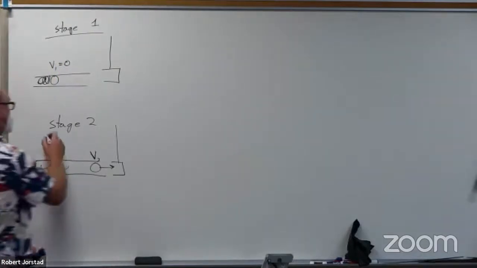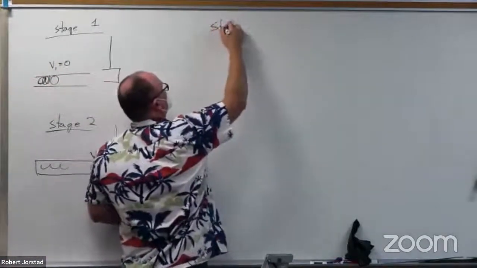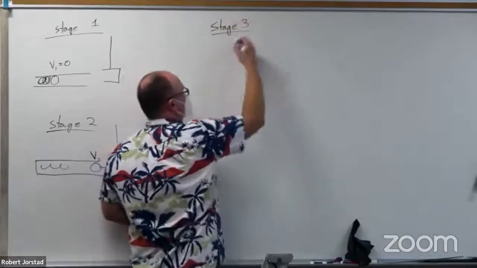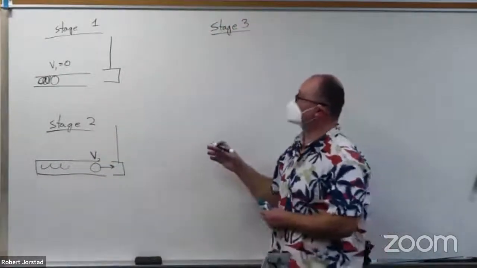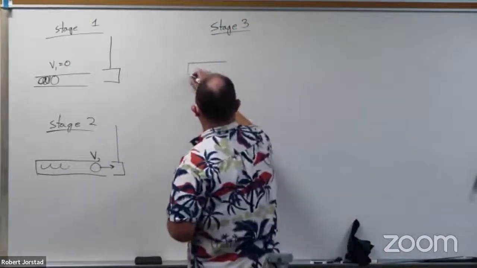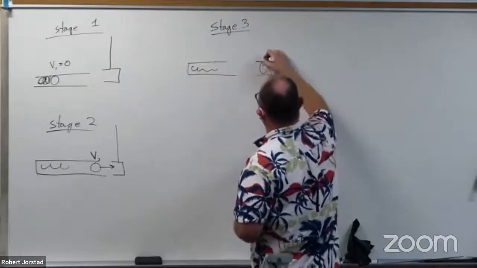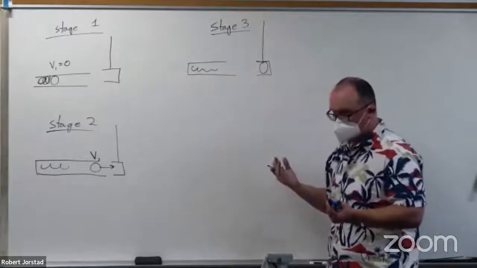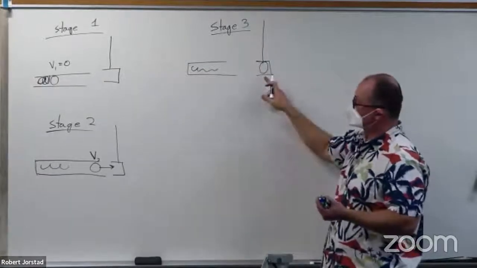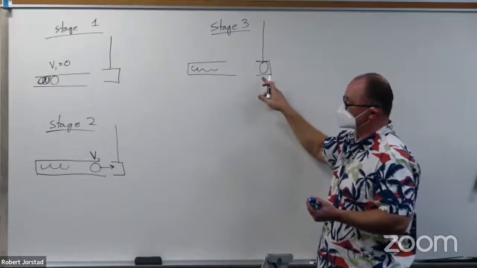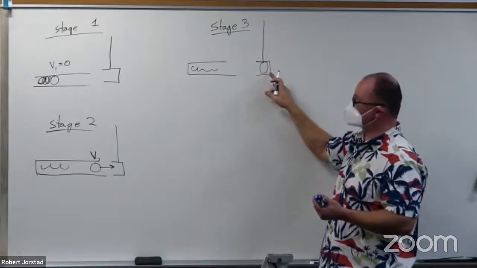Give me a stage 3. What's that? The collision. After the collision, here's my little spring gun. The ball is now in the catcher. Is it at rest? Did it move, or after the ball went in there, was it still moving?